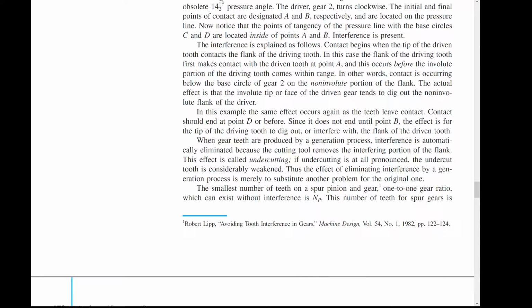In other words, contact is occurring below the base circle of gear 2 on the non-involute portion of the flank. The actual effect is that the involute tip or face of the driven gear tends to dig out the non-involute flank of the driver. In this example, the same effect occurs again as the teeth leave contact. Contact should end at point D or before. Since it does not end until point B, the effect is for the tip of the driving tooth to dig out or interfere with the flank of the driven tooth.